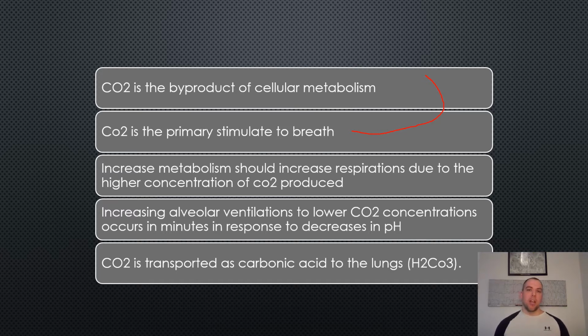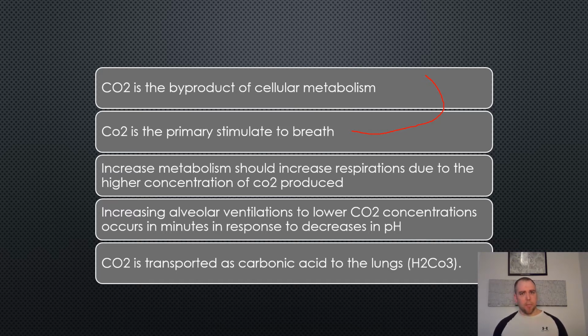Right? So again, metabolism ends up creating, through aerobic respiration, CO2 and hydrogen ions. We need that to be out of the body. So the body can sense CO2 levels very accurately and quickly in the brainstem. Whenever it senses CO2 levels rising, it will naturally increase respiratory rate. So you don't have to do anything. That's all automatic. That's all autonomic nervous system.